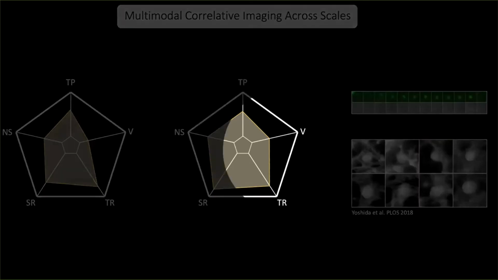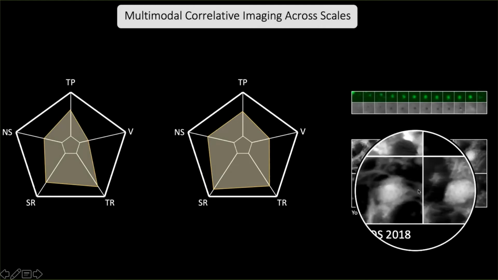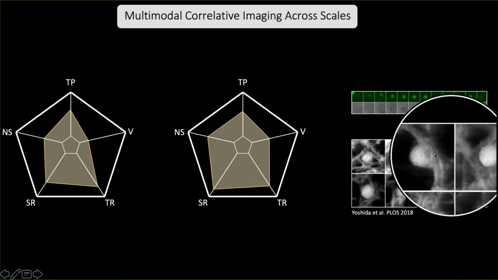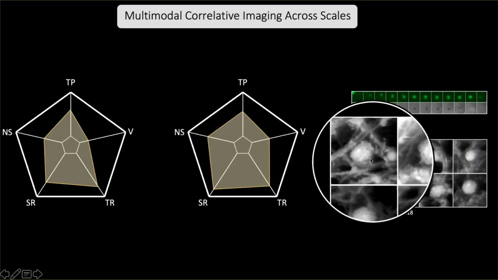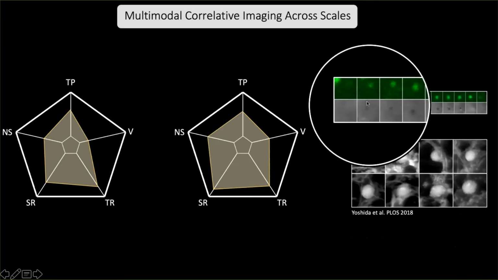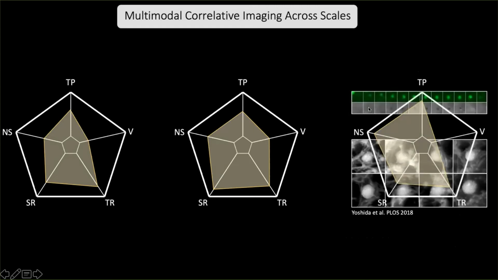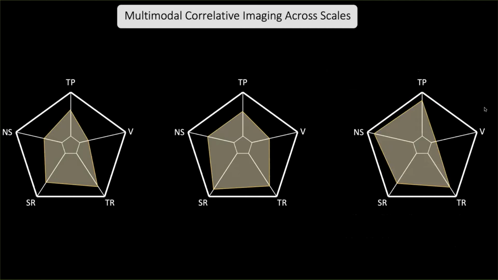Let me try and use my fancy pointer to zoom in a little bit. You can actually resolve the architecture of the coat and potentially assign it to different stages, still by using different fluorophores. So again, just to compare these methods, the volume here is completely two-dimensional.